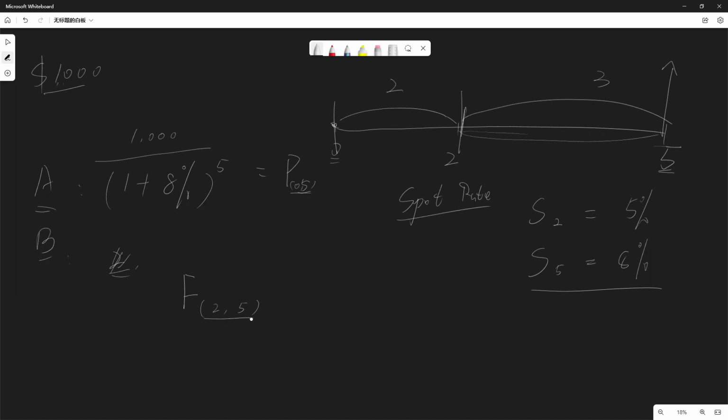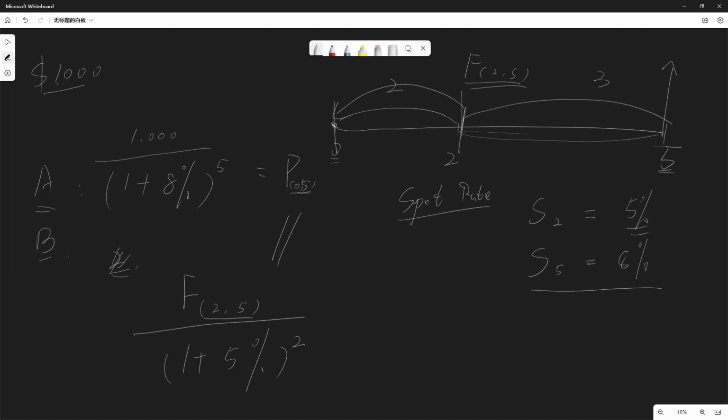That price F(2,5), discounted back to now, is divided by 1 plus 5%, for 2 periods. These two prices should be exactly the same, because even though they enter into different contracts, finally they achieve the same thing: at time 5 they're holding the zero coupon bond and they receive $1,000, right?